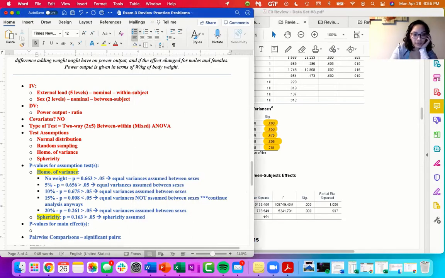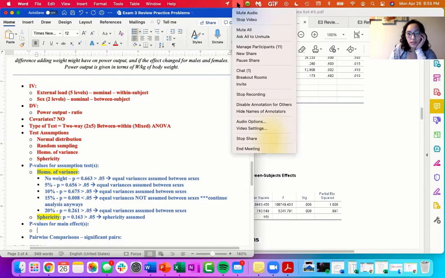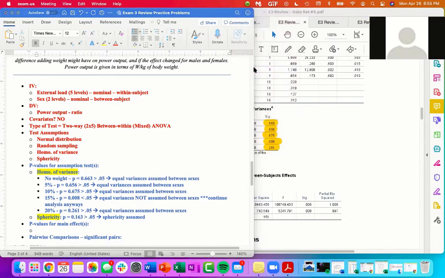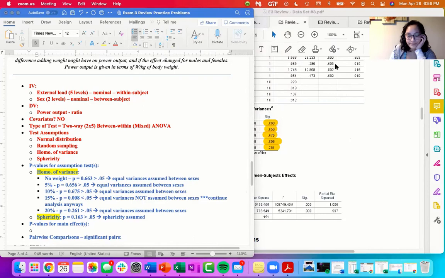So speaking of main effects, does anyone have any questions on the assumptions before I keep going? Yeah, I just have a quick question. So even on the test, if we don't meet one of the assumptions, just continue? Mm-hmm. Thanks. Yeah. That shouldn't happen, but I can't remember.